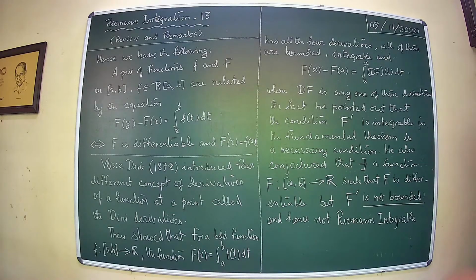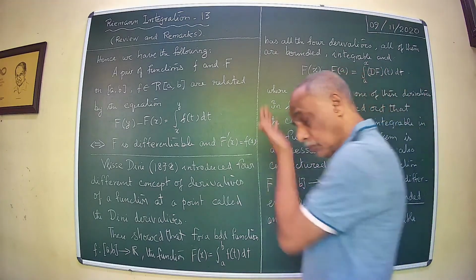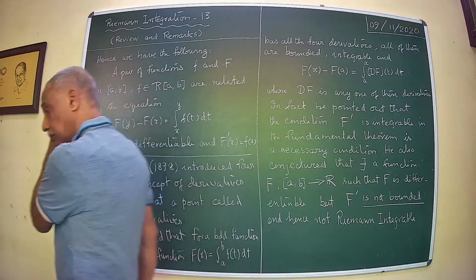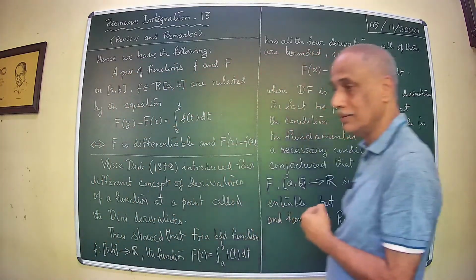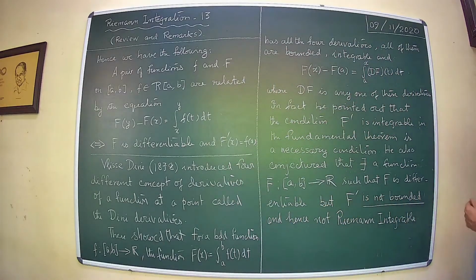Which means he says that there exists a function capital F such that F derivative exists, but F derivative is not bounded and therefore it is not Riemann integrable. So this possibility is there.